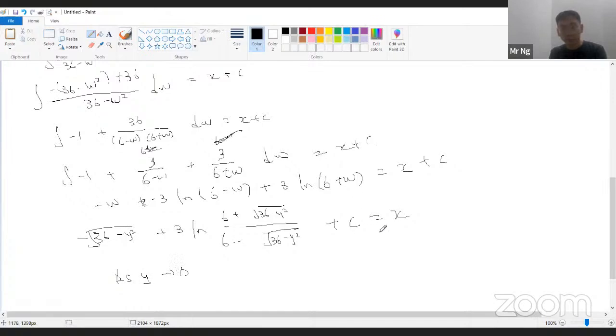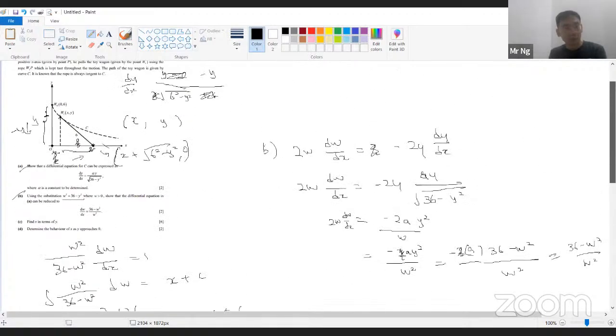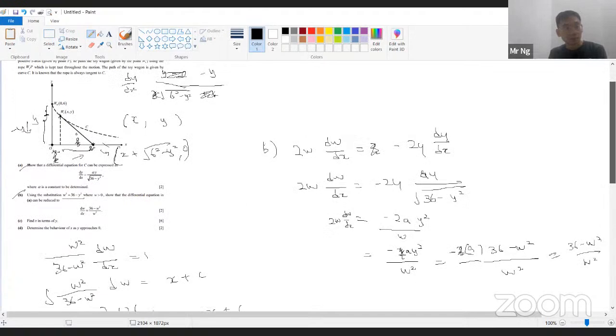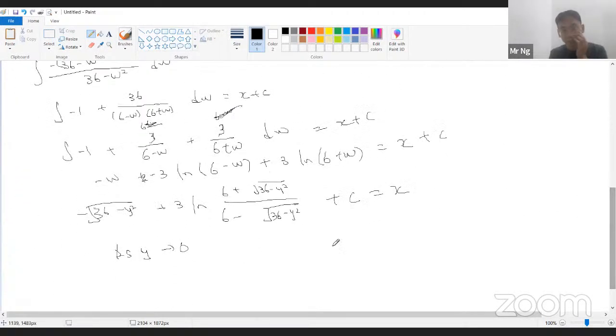Okay, I need to find c. So when x is 0, y is 6.